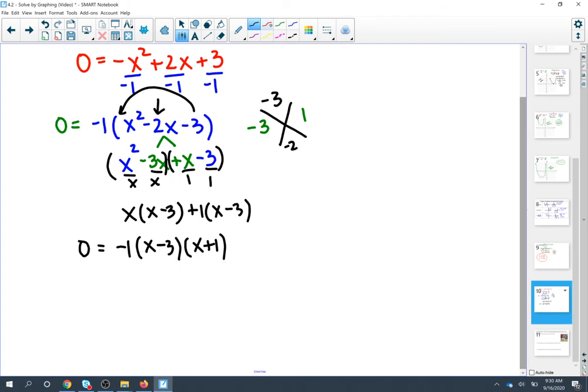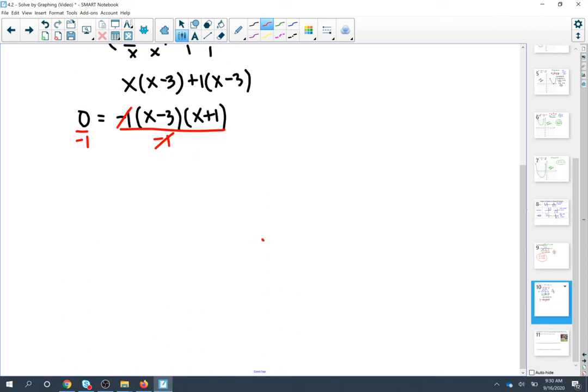Now, before I do my zero product property, I'm first going to get rid of this negative 1. So I'm going to divide both sides by negative 1. That's your division property of equality. 0 divided by negative 1 is 0. And then I'm just left with x minus 3 times x plus 1.